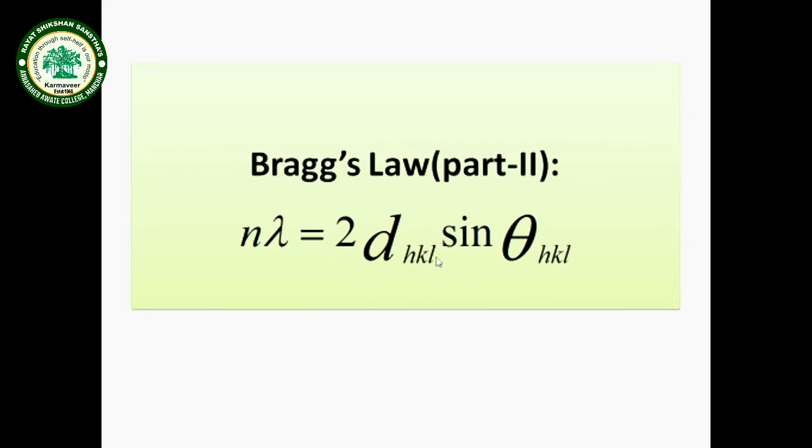Here we have written a suffix to d as well as theta because each and every set of parallel planes is characterized by HKL or Miller indices, and depending upon their HKL, the theta would be different. So if HKL is different, then theta would also be different.